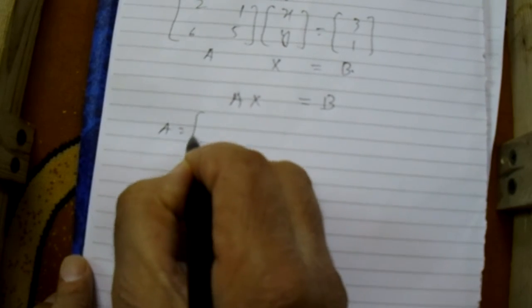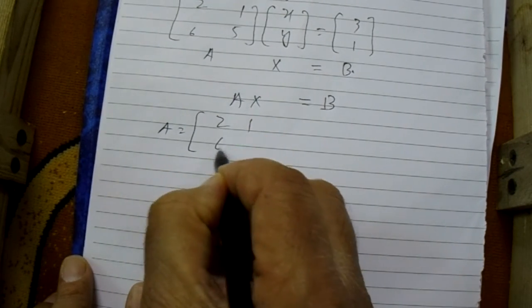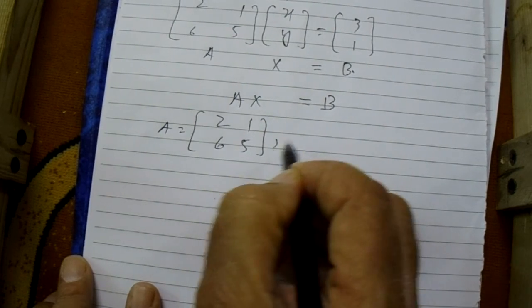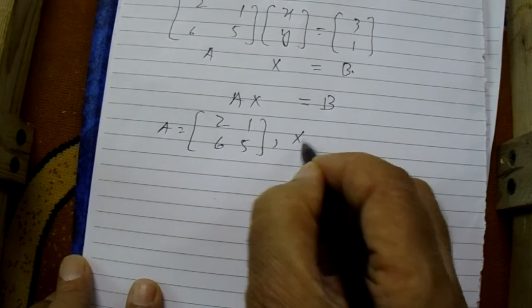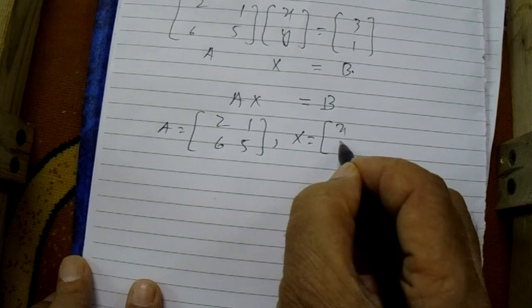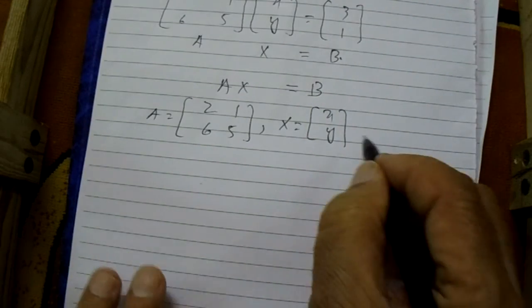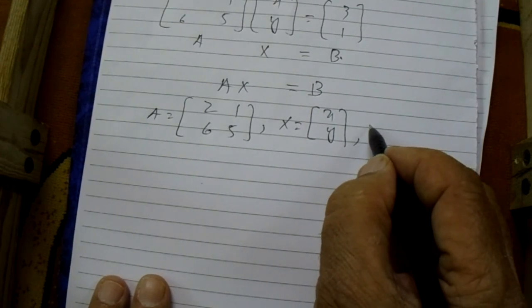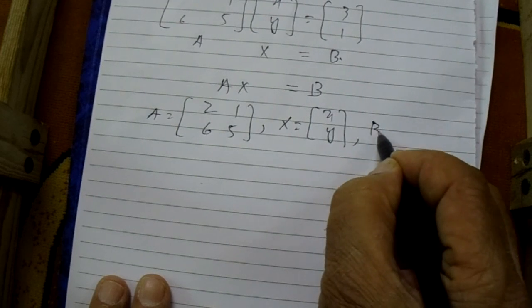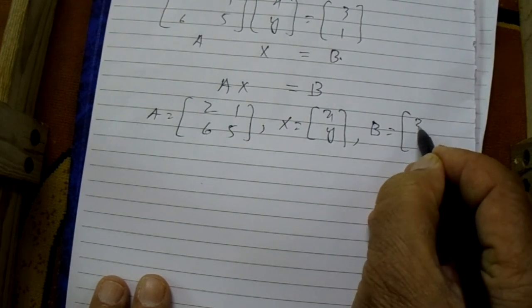Now we write separately. A matrix is 2, 1, 6, 5, and X is x, y, and here B is equal to 3, 1.